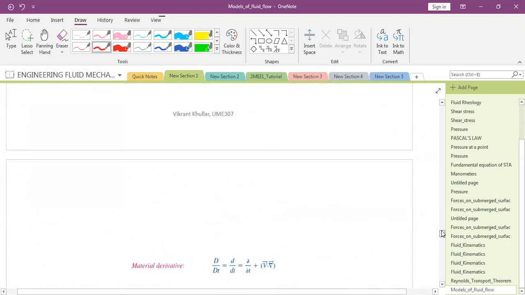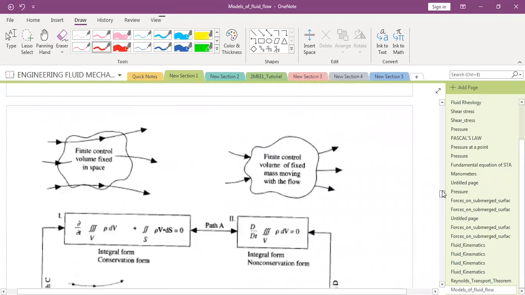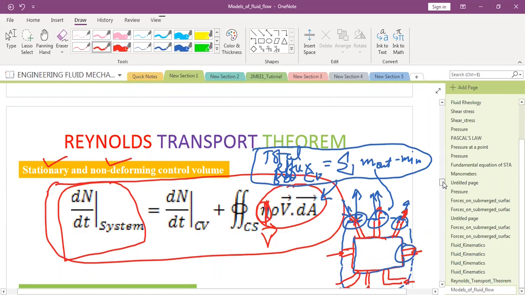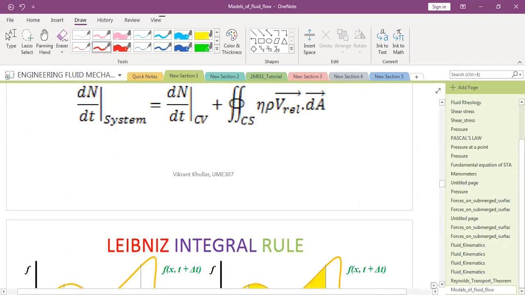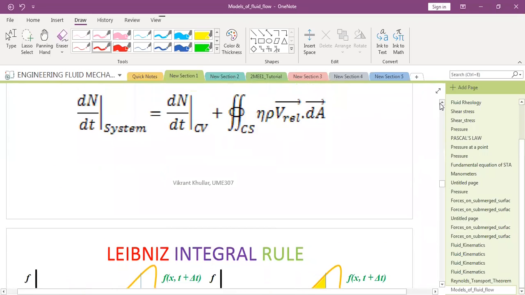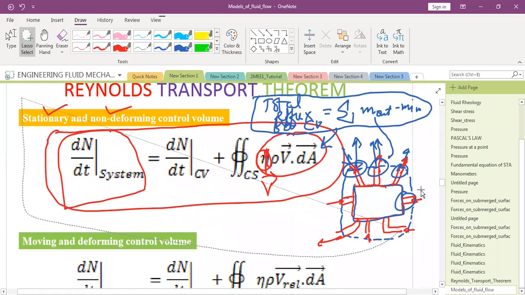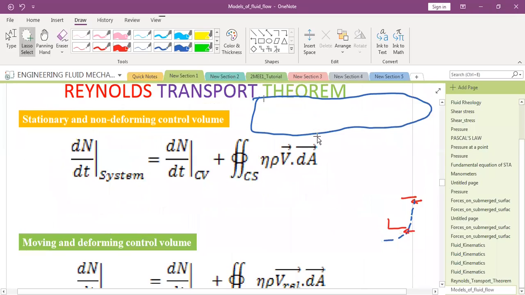So this is the general formula for any kind of extensive property. Are you clear? So this is the physical meaning of this term. If this was the tank, something was coming in, something was going out.